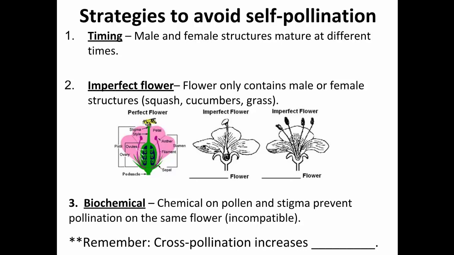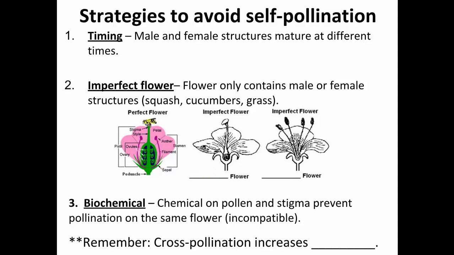In most plants, the stamen and pistil don't develop at the same time. They don't mature at the same time. If the stamen and the stigma were both mature at the same time, self-pollination probably would happen very commonly. Right? The wind would blow, some pollen would fall on the stigma, and then it self-pollinates. But usually the pistil and the stamen don't mature at the same time. So even if pollen did land on the pistil, it wouldn't pollinate it because the female parts aren't ready yet.